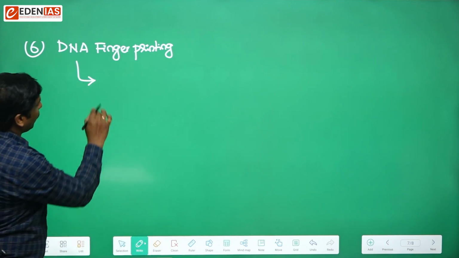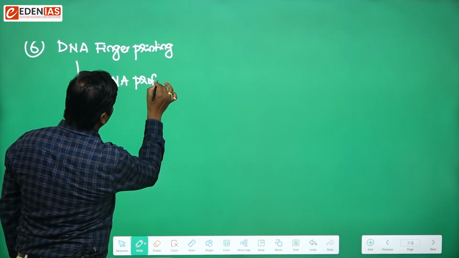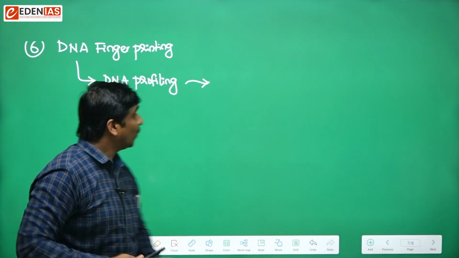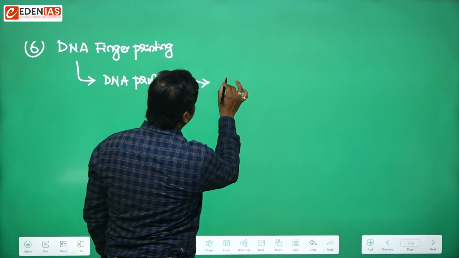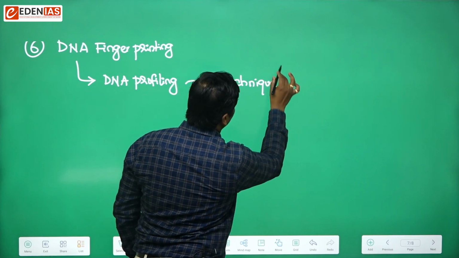It is also known as DNA profiling. So this is one name. In the forensic department, usually this method will be used. In simple terms, it is a technique. So it is a technique, generally used for what?